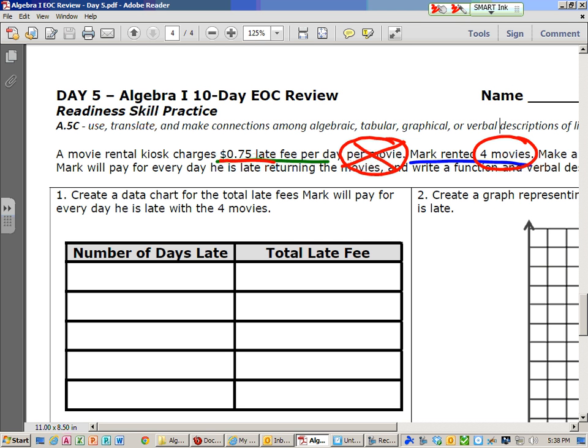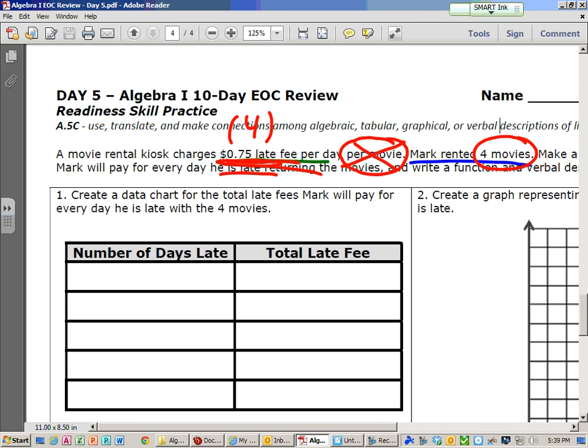If you have a 75-cent late fee per day per movie, that means you're going to have 4 of these late fee charges, 4 75-cent late fee charges. This one really tries to confuse you. So there's no y-intercept on this one, or at least the y-intercept is basically 0. It's just the 75-cent late fees.